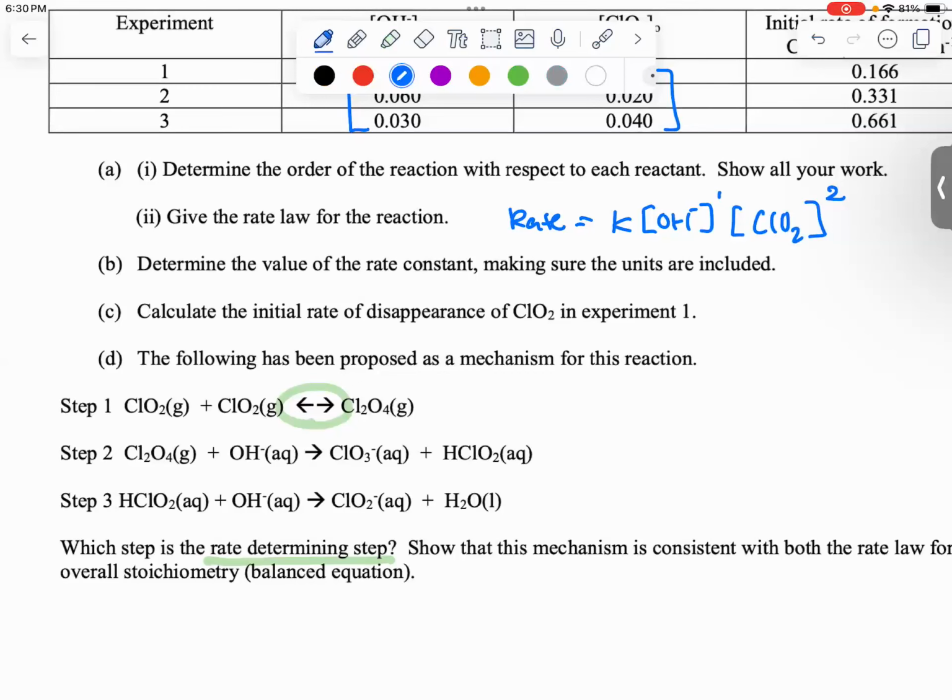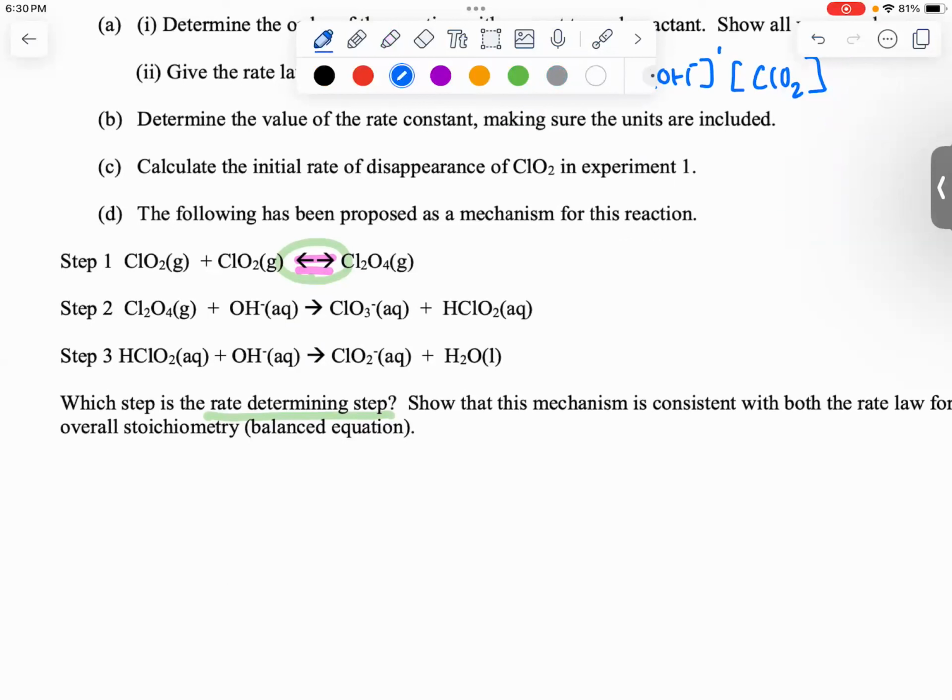When you look at this equilibrium sign, you can look at it as an equal sign. So that means that ClO2 equals Cl2O4. So in the second equation, you can put ClO2. So that's how you view it, but how do you actually write it?